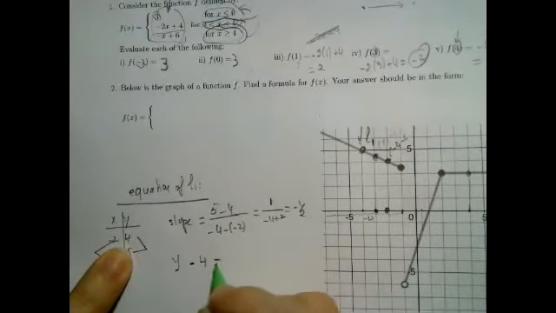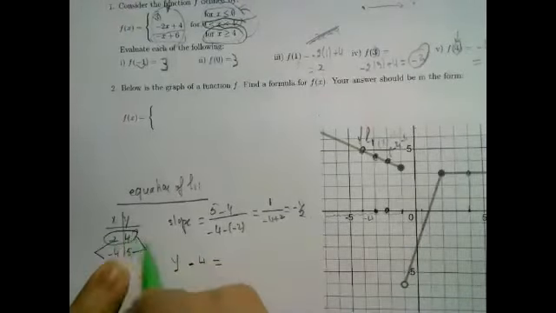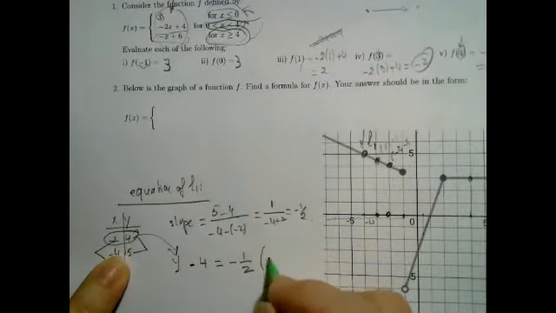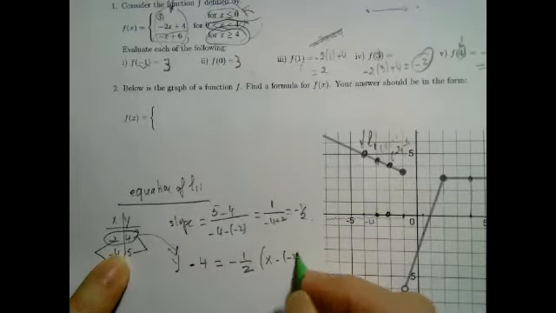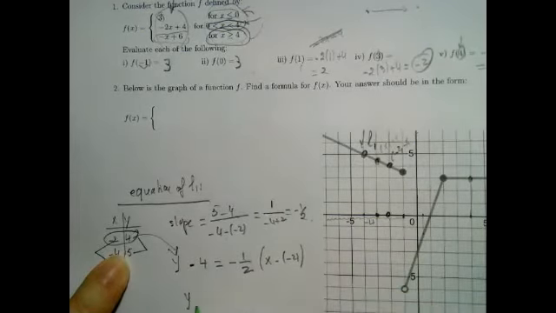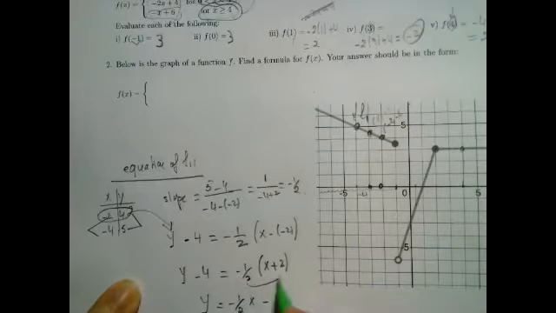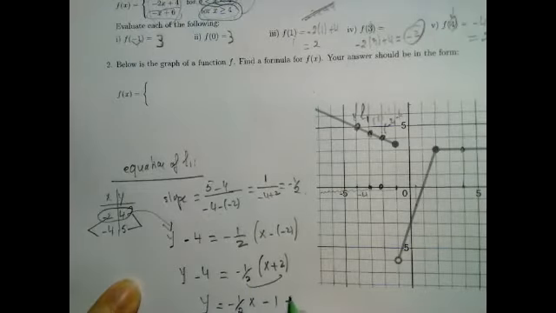It's y - 4, using this point, equal to the slope times x minus -2. So this is equal to -1/2 (x + 2). Now I do a little bit of math: -1/2 x, 1/2 times 2 is -1, plus 4, giving me -1/2 x plus 3.